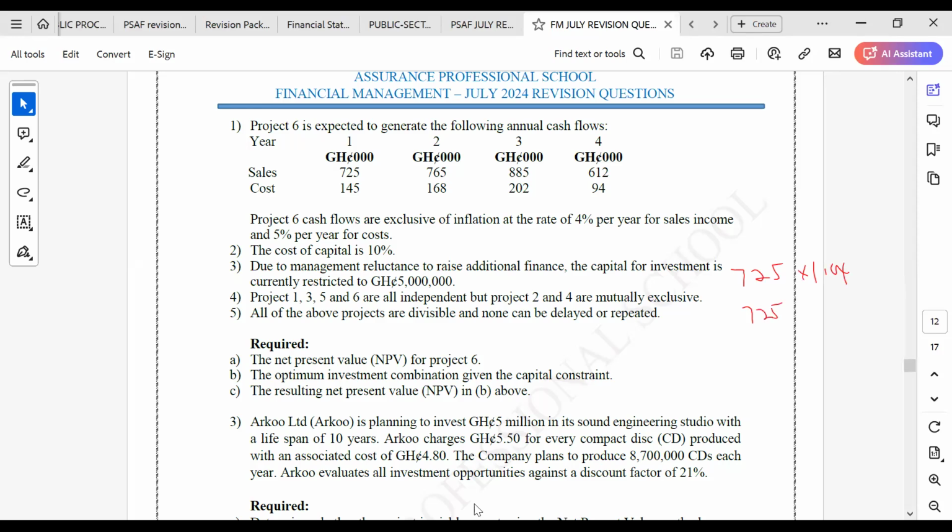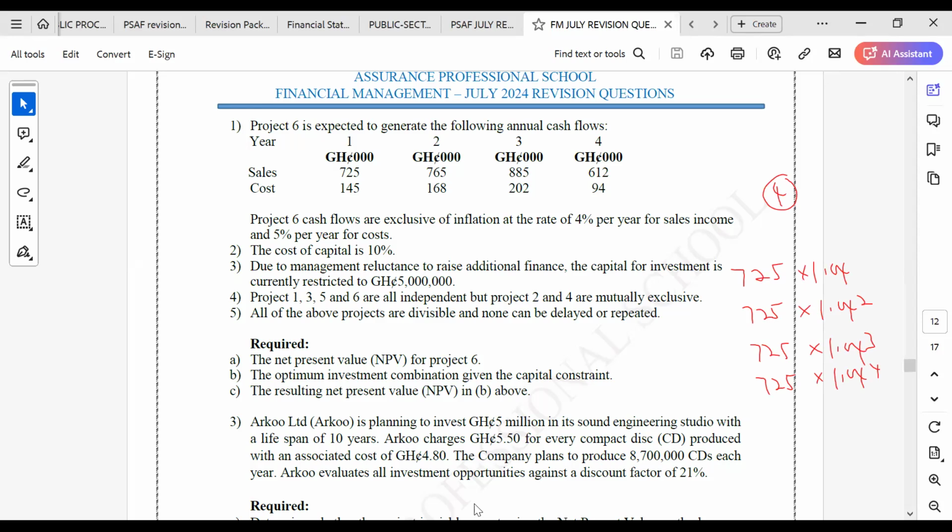The second year will be 725 multiplied by 1.04 exponent 2. The third year will be multiplied by 1.04 exponent 3. And the fourth year will be multiplied by 1.04 exponent 4. Although they are different, this is how we are going to be increasing it. So the first inflation was what? 4%. So this will increase again by 4%.